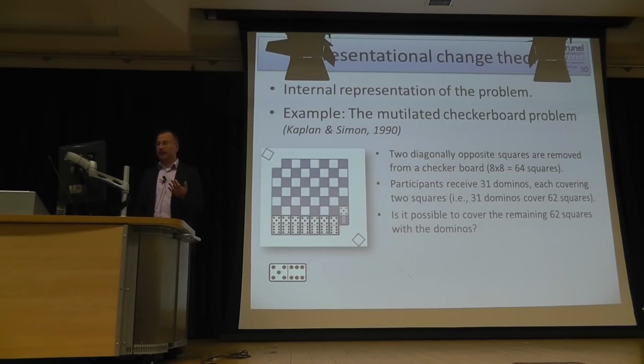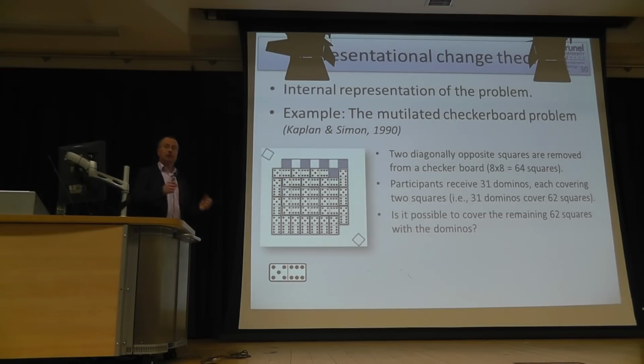So you fill that up in some way, and so forth, and then you may come to a situation where you see, okay, I can't go forward. If I put the next one covering these two fields, I can't cover that anymore. If I put one here to cover these two, I can't cover that anymore.